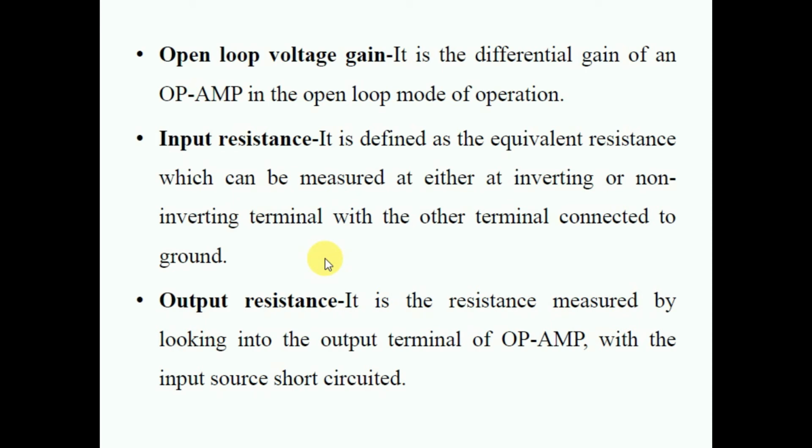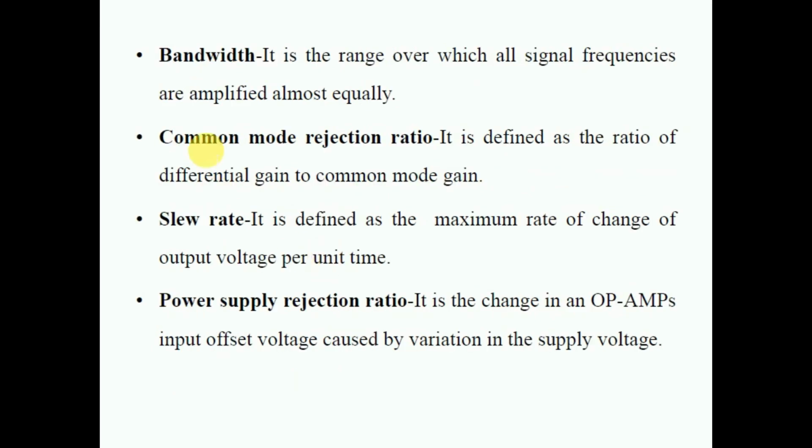So that's all for input and output resistance. After that, the bandwidth. The signal being produced at the output terminals will have some bandwidth, and how much bandwidth is produced by the operational amplifier at the output terminals, that is what we are more concerned about.